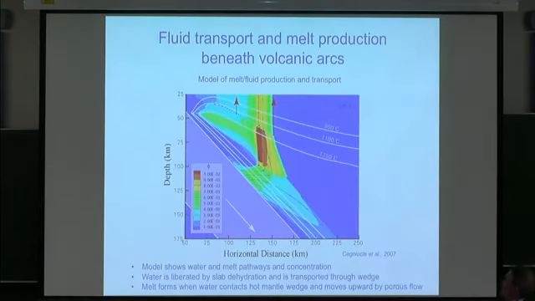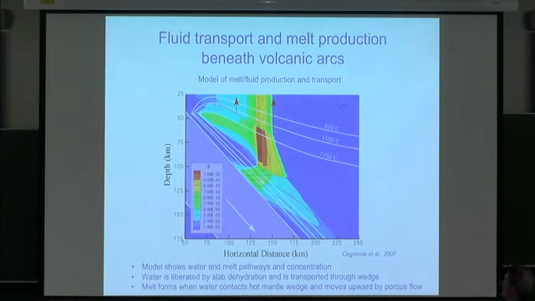Just to quickly go through what we're looking at, this is a relatively simple model of arc melting, and in this meeting you're probably talking about more complicated models. The basic idea is that as the slab subducts, dehydration reactions in hydrous minerals in the subducting slab result in a lot of water being given off at depths between maybe 75 and 150 kilometers.